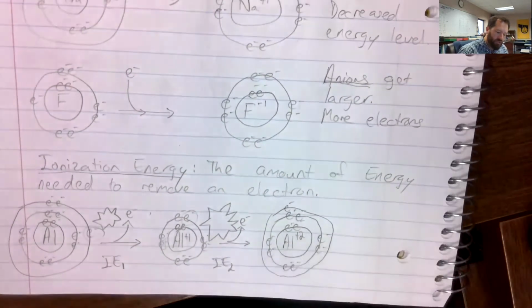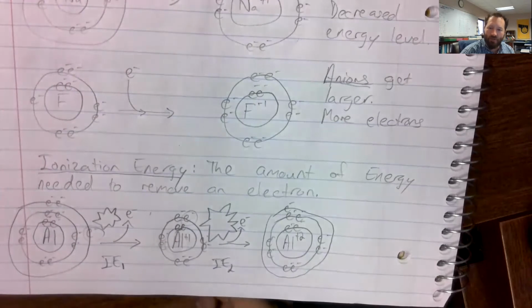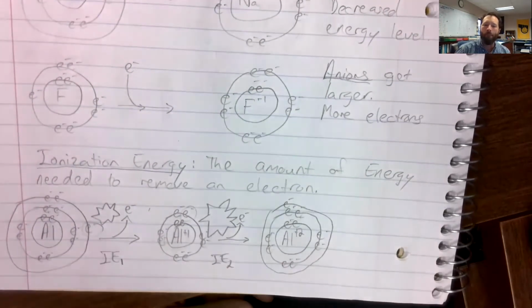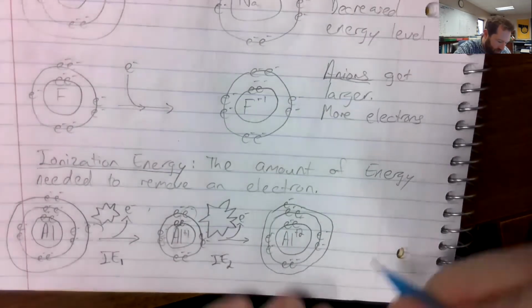But our aluminum +2 still isn't where it wants to be. Aluminum +2 still has 1 more electron to take or to give.